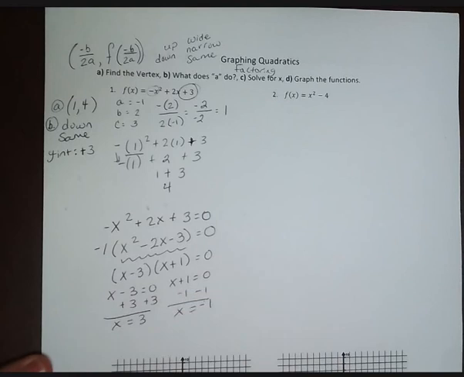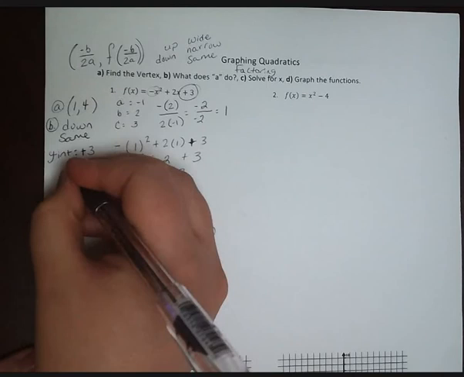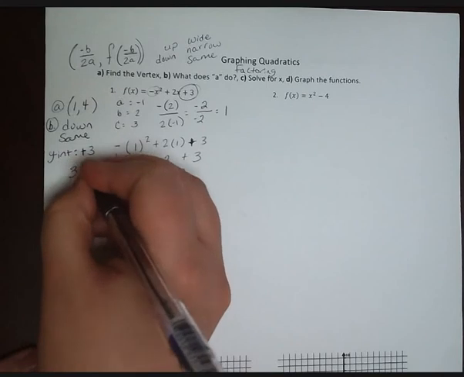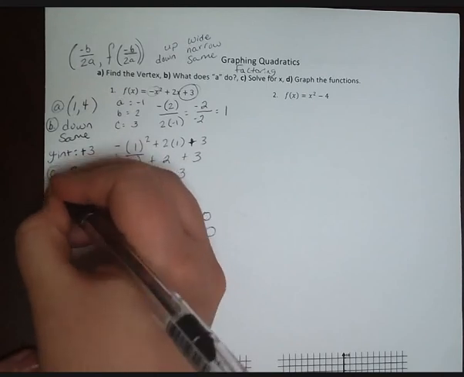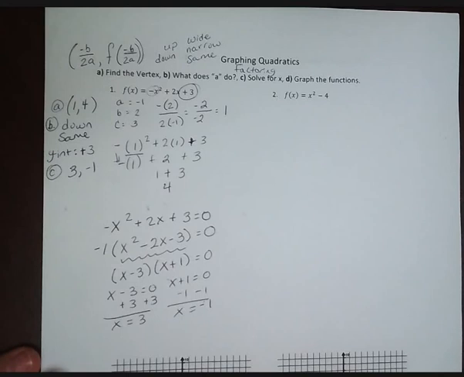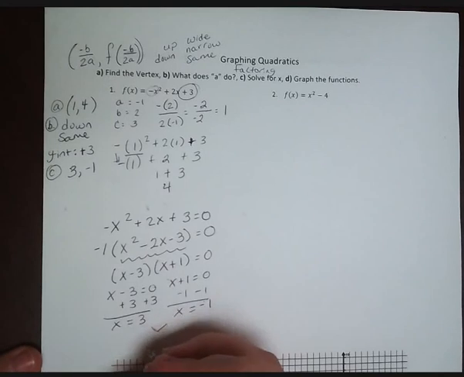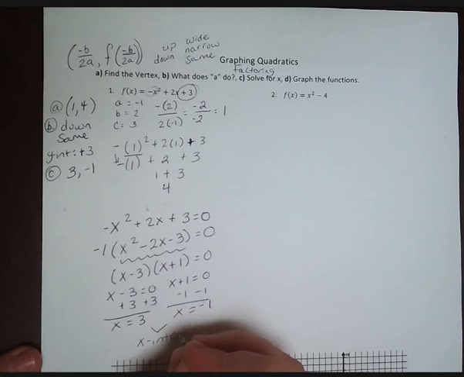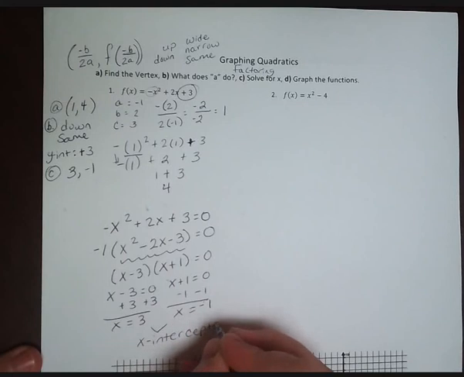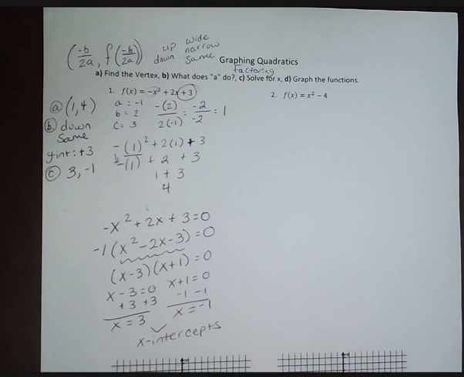So you get your answers for the solutions to be a 3 and a negative 1. And remember, those are our x-intercepts. That's where your graph is going to cross the x-axis. Okay?